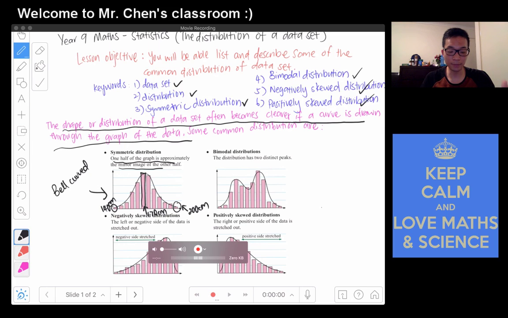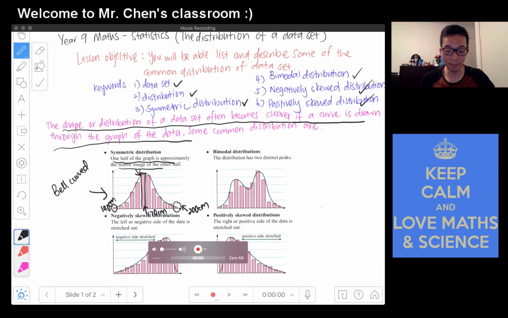This kind of distribution is really nice to have. You will see it is like a bell curve, and it only has one peak. Okay, one peak, which is right there.